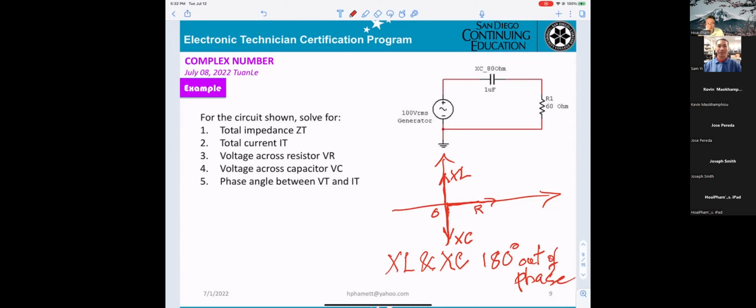Then now it has to be Z of 80 ohms, and it has to be minus because it's going down. So first thing, you need to change that one to minus J80. That's just the way to solve the problem.